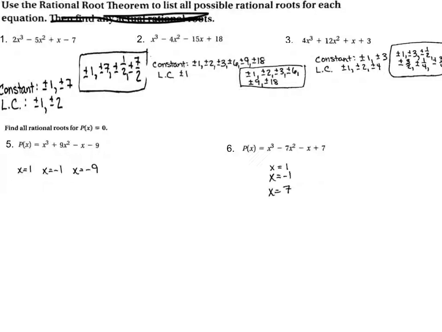But on any answer, you only need one of these as your final answer to have the problem correct. So you could either have 1, negative 1, or negative 9. Or on number 6, you could have had 1, negative 1, or a positive 7. All the other possibilities did not work. They were not actual roots.